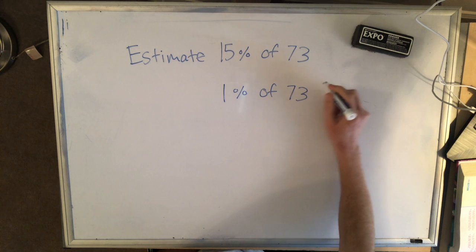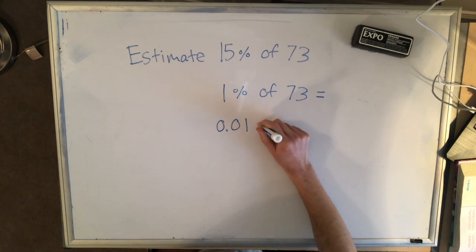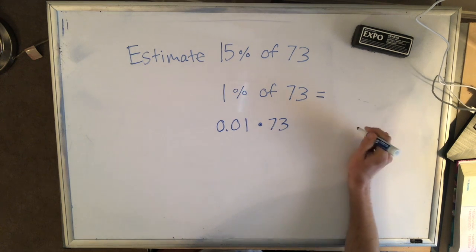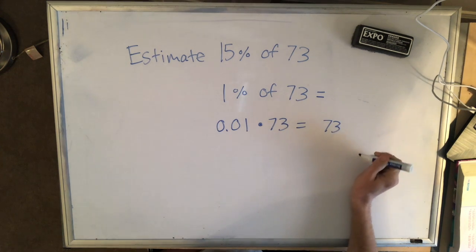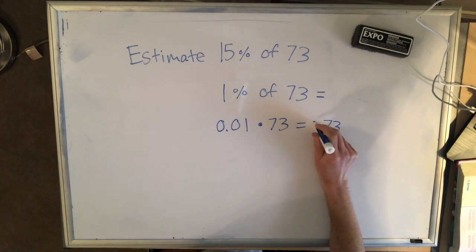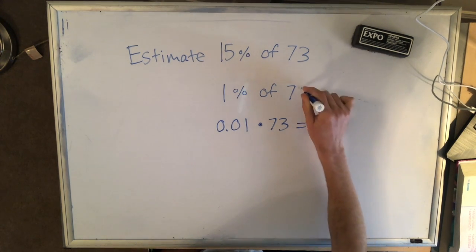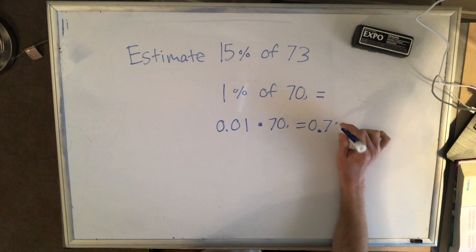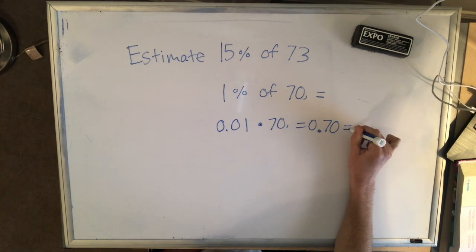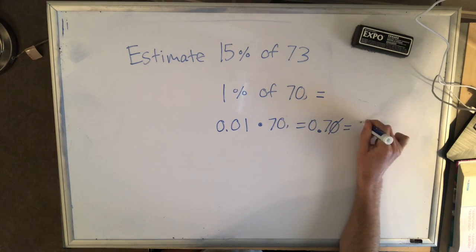Okay, so 1% of 73, that's 0.01 times 73. 1 times 73 is 73. There are 2 decimal places total in the multiplication problem, so we need 2 decimal places in the answer. So that's 0.73. Oh, actually, let's round 73 to 70. So that would be 0.70. Zeros at the end of decimal numbers do not affect the value. So get rid of that 0 at the end to make it 0.7.